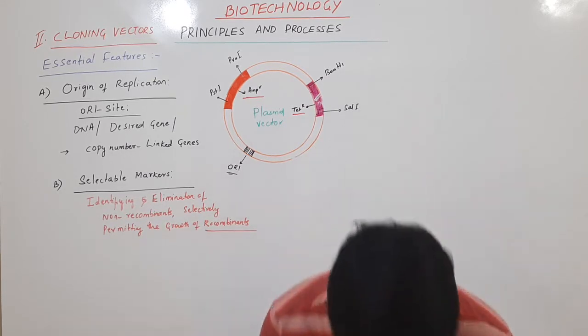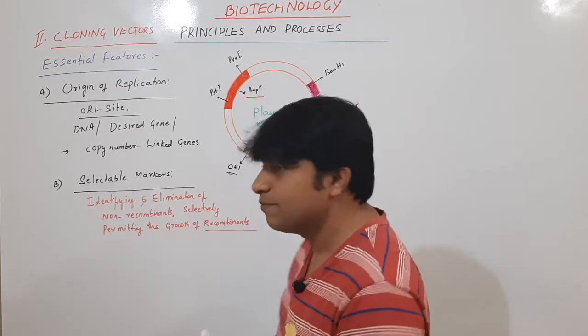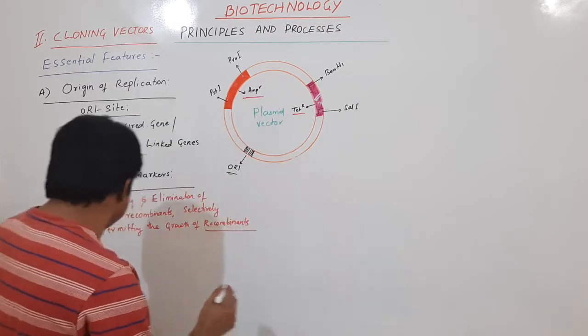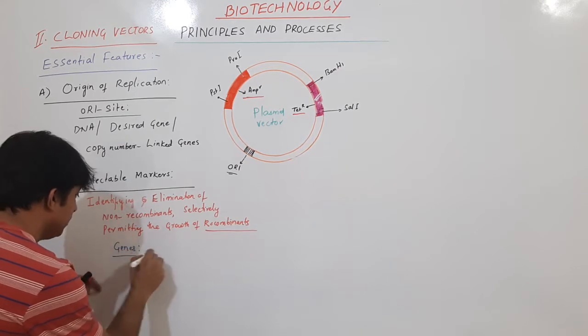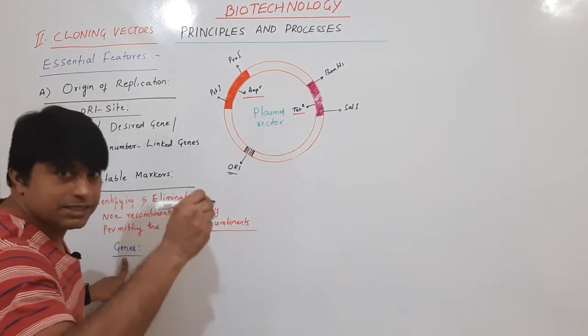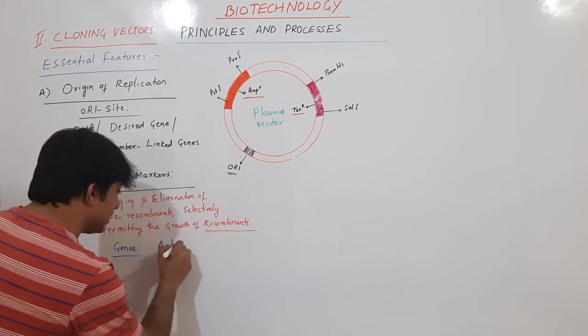So, the most commonly used selectable markers are the genes or the sites responsible for antibiotic resistance.